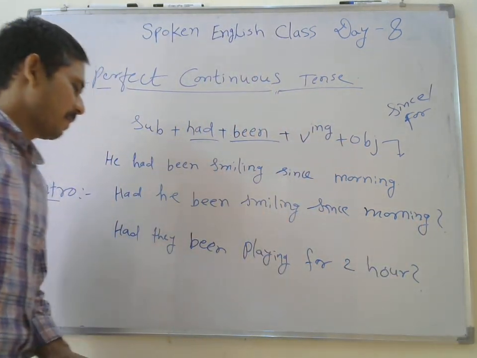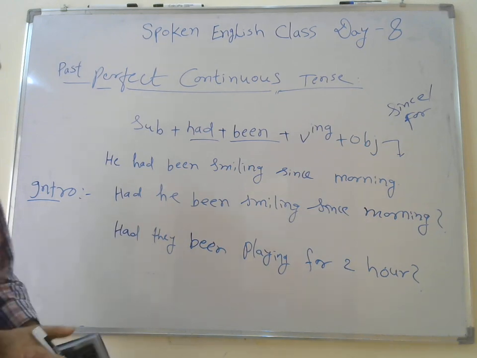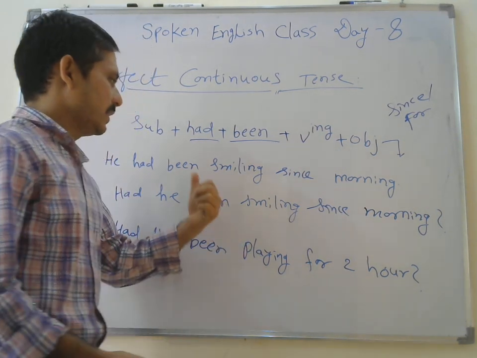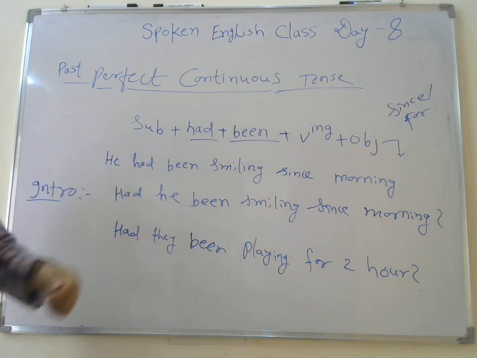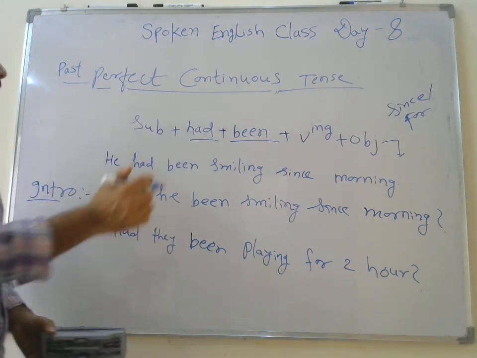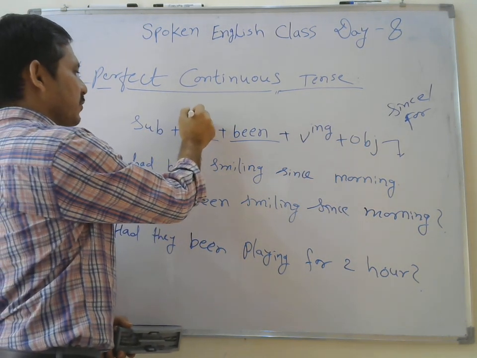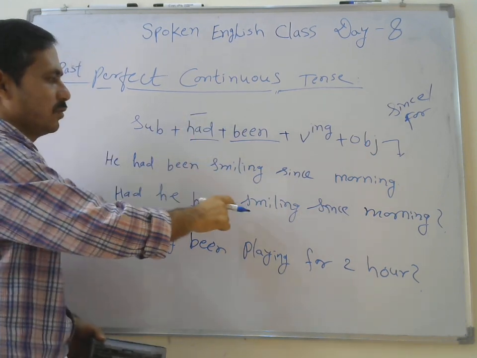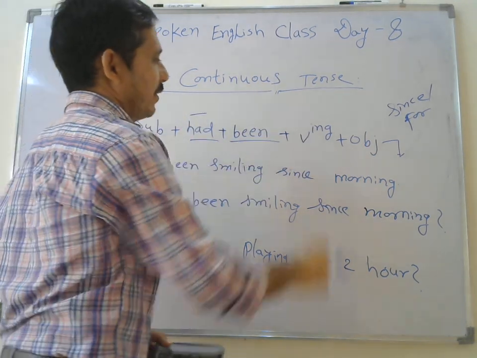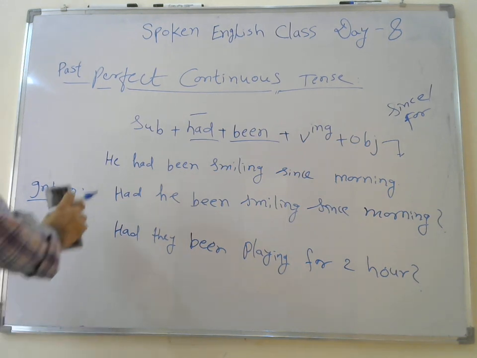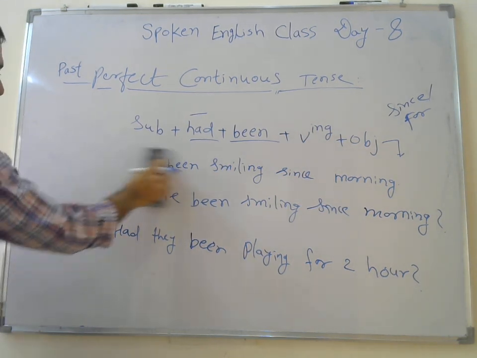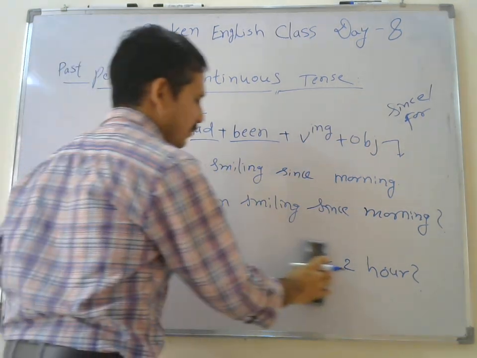Had they been playing for 2 hours? Okay, so these are a few examples of your perfect continuous tense. It's very easy. The thing is you need to remember the helping verb is your "had", which was there in the perfect tense also. "Been" is the extra thing, and the verb's ing form. Please note down, friends, the structure of it and a few examples also.